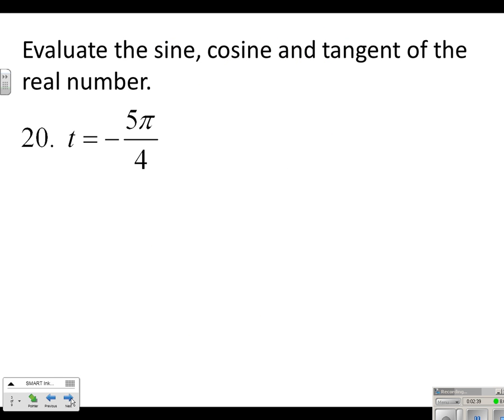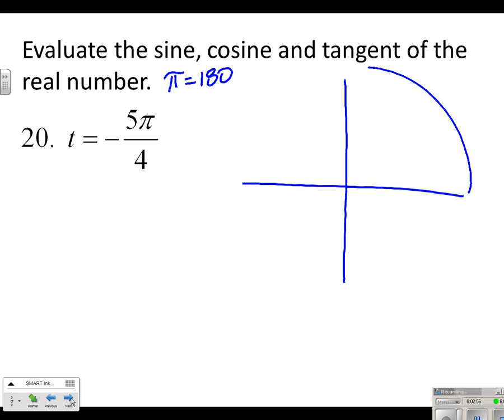Okay, so we are to evaluate the sine, cosine, and tangent of this particular angle, in this case negative 5 pi on 4. We know that pi is 180 degrees. Pi would spin us half the way around the circle, and negative pi would spin us half the way around the circle backwards.